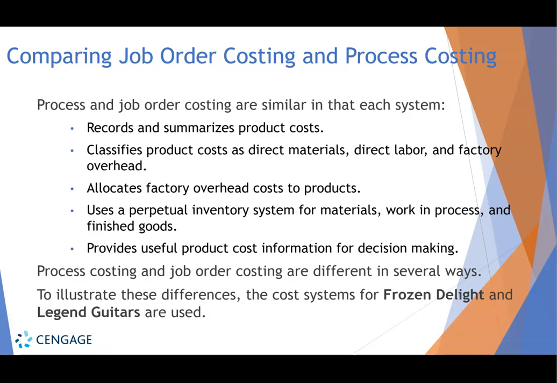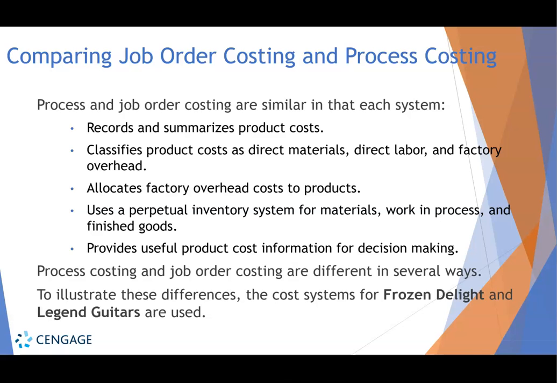We allocate factory overhead costs to products, and we can use a perpetual inventory system for materials, work in process, and finished goods. Both provide valuable information to help those in the company make decisions. But they're different also in many ways.